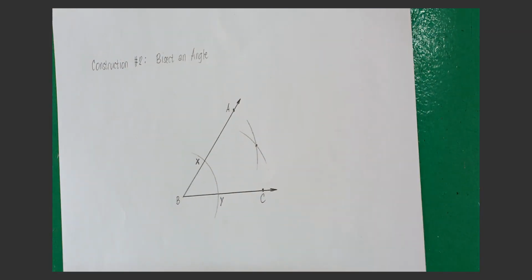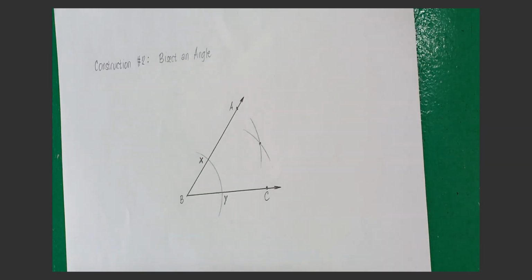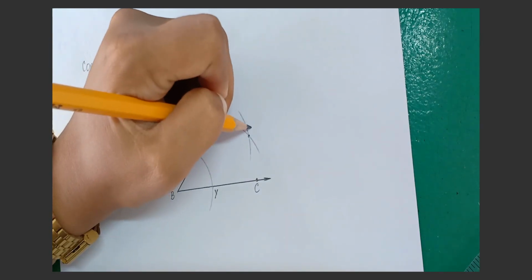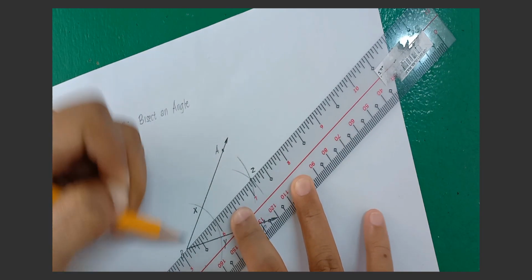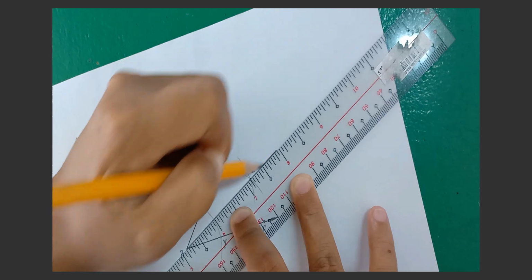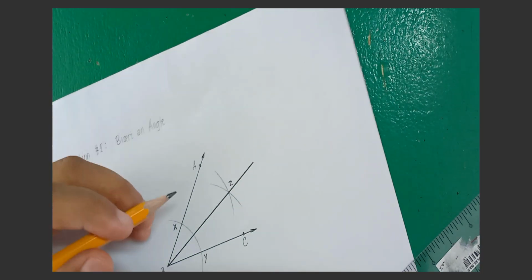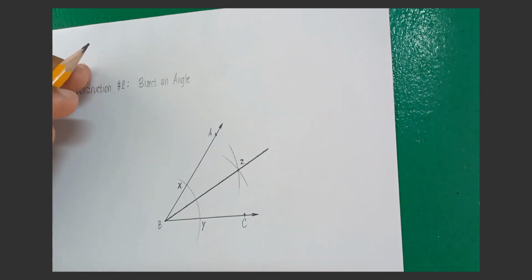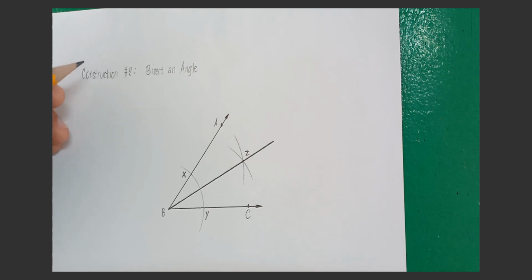So, with a straight edge, connect the vertex of the angle to this intersection of the two small arcs. Point Z. So let's name this point Z. Connect the vertex to point Z. Okay, and there. You now have two angles of equal measure, each being half of the original given angle.